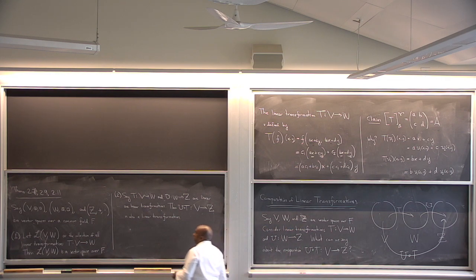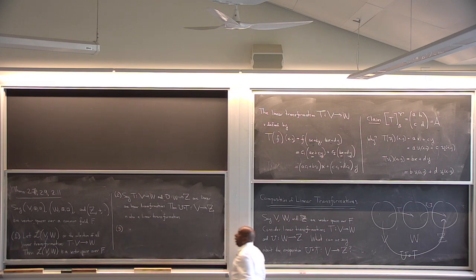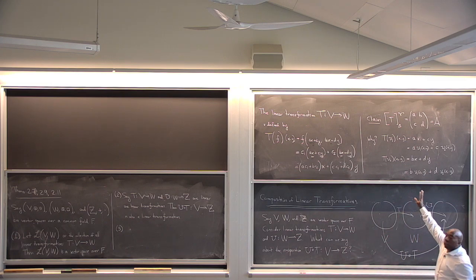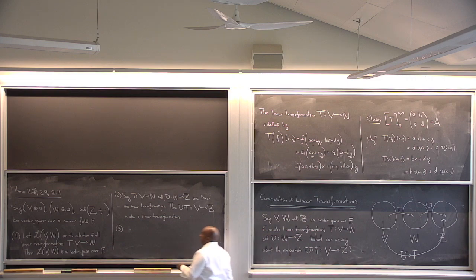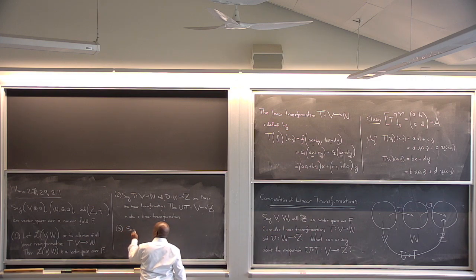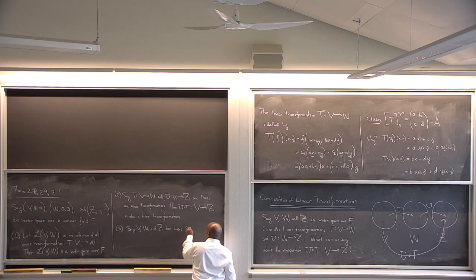And for the third one, we're going to combine what we said earlier about this weird matrix here, this matrix representation from B to gamma. So let's say that V, W, and Z have bases. Let's call them beta, gamma, and alpha.